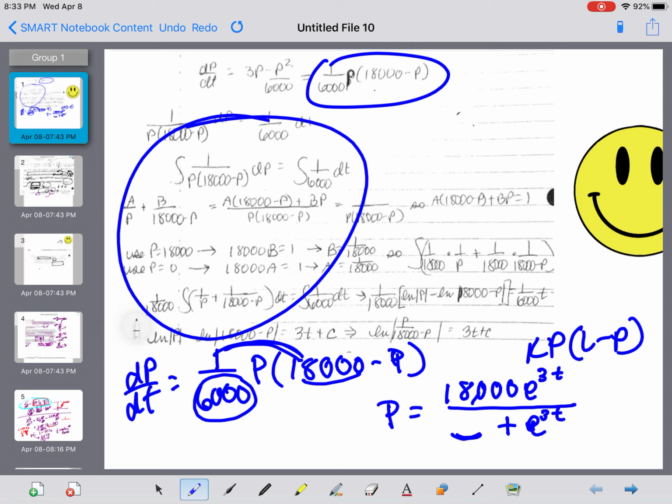And then you want to know what this number is that I've underlined. The way to find that number is your limiting factor minus the population you start with, over the population you start with.